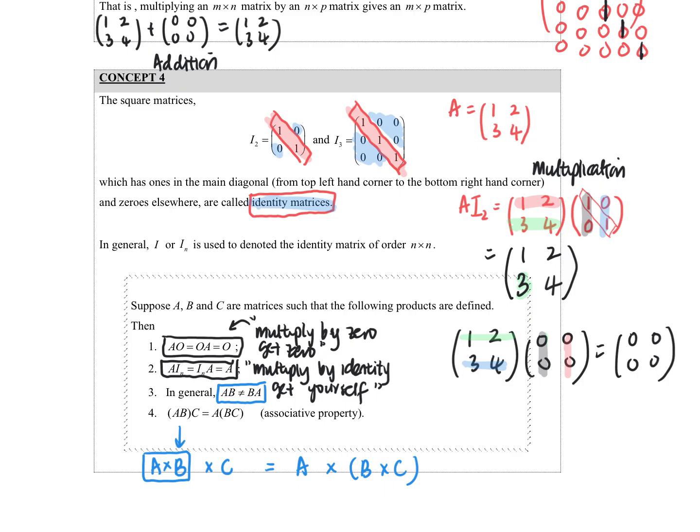So these are just some rules to take note of for matrices. For matrices, the only thing that is tough is the multiplication. The rest are very, very direct.